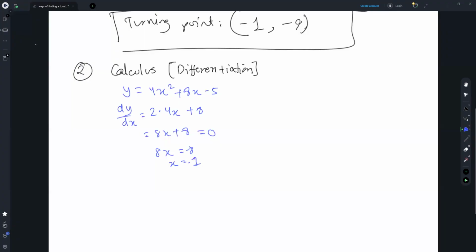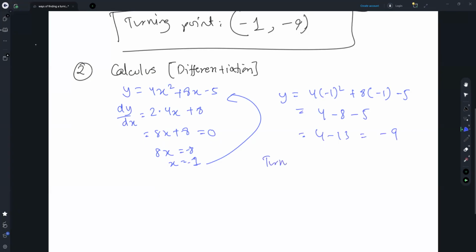Now, because we know that the turning point will have x equals minus 1, we'll substitute this back into the equation. So we get y equals 4 into minus 1 whole squared plus 8 into minus 1 minus 5. So we get 4 minus 8 minus 5, which is 4 minus 13, equals minus 9.